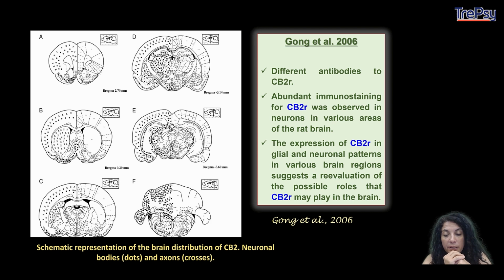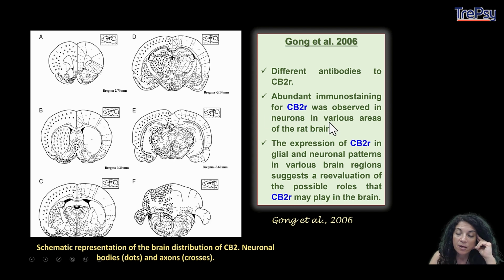They looked at abundant immunohistochemistry for CB2, which was observed in neurons in various areas of the rat brain, for example, caudate putamen, cerebral cortex, hippocampus. The expression of CB2 receptor in glial and neuronal pattern in various brain regions suggests a re-evaluation of the possible roles that CB2 might play in the brain.